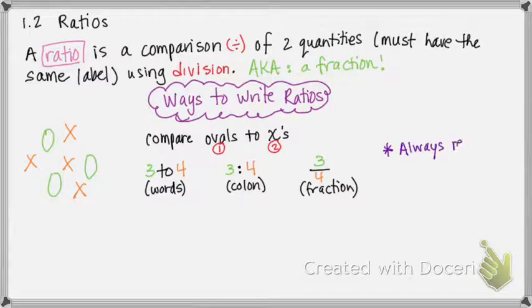So always reduce fractions and ratios. Okay, so that is what I have room for on this. I'm going to keep writing, but that's going to be on the new screen, but for you guys it still should be the same page.